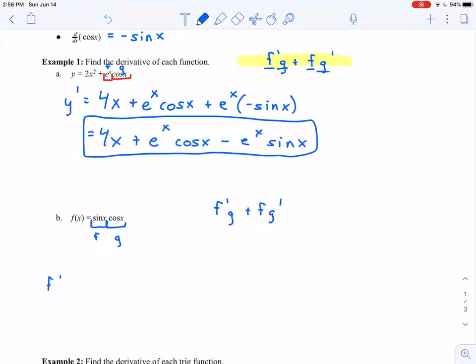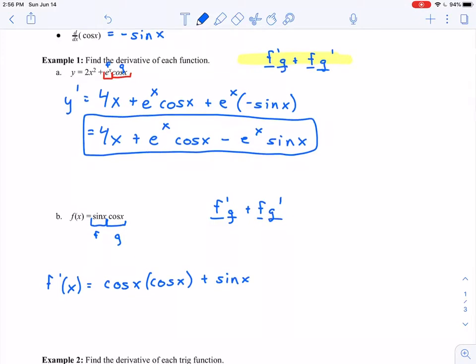So when I take the derivative of f of x, derivative of sine of x, that's f prime, so derivative of sine of x, that's cosine of x, times g, I will leave cosine of x alone, so g is just cosine of x, plus f, that's sine of x, times g prime, derivative of cosine of x, that's negative sine of x.